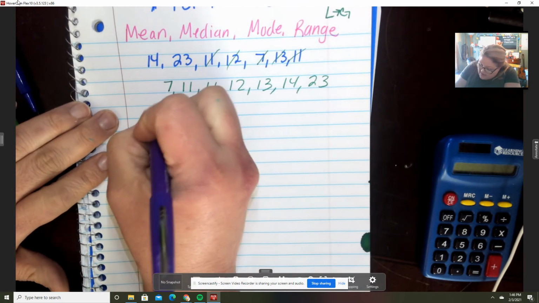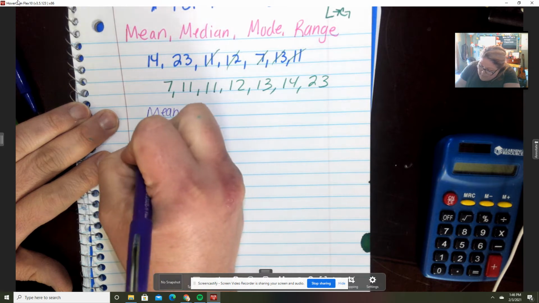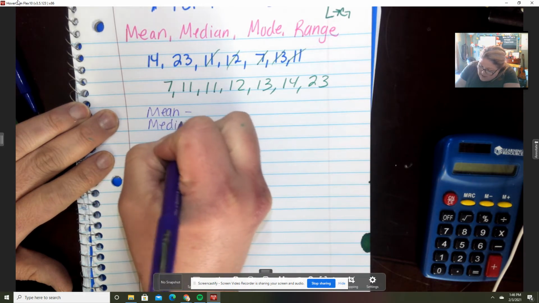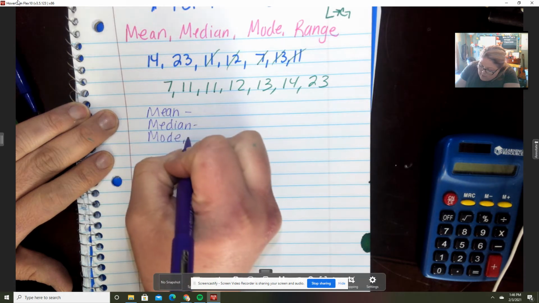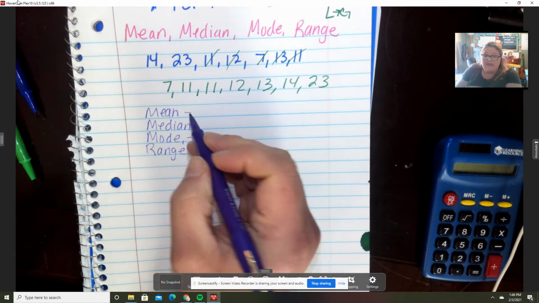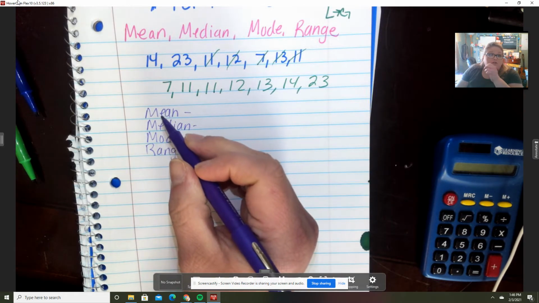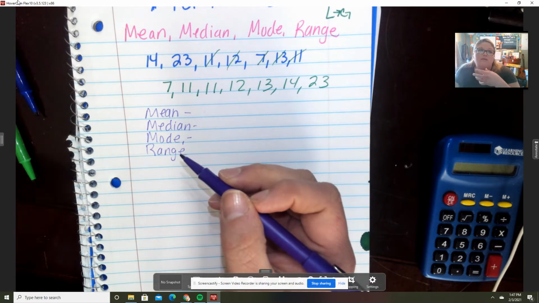So I'm going to write mean, median, mode, and then range. Mean means average. So that means that we're going to add and then divide. So what would we divide by?